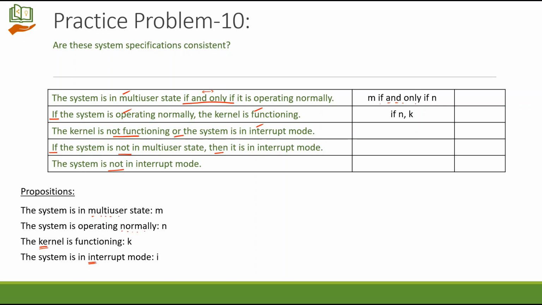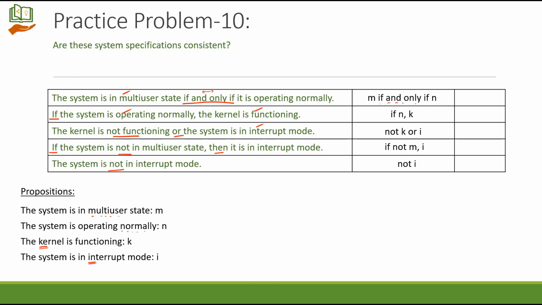This is I. So we can say not K or I. What about the next one? If the system is not in multi-user state. So if not M, then it is I. What about the final one? The system is not in interrupt mode is negation of I. Now we will just go for the logical expression.